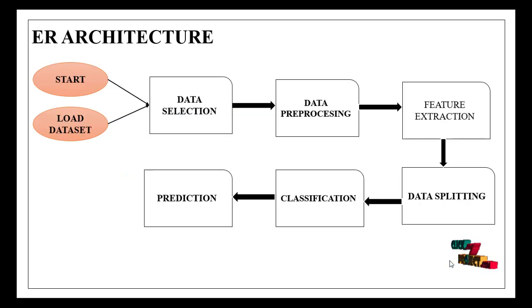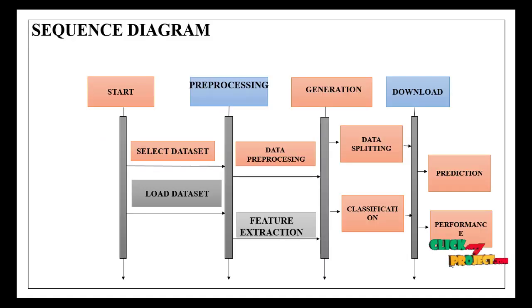This is the CR architecture: start and load data. After that, we want to select the particular data and pre-process the data and extract the features and split the data. In classification, apply the CNN algorithms, and then prediction, we have to predict what the image is within the classes.